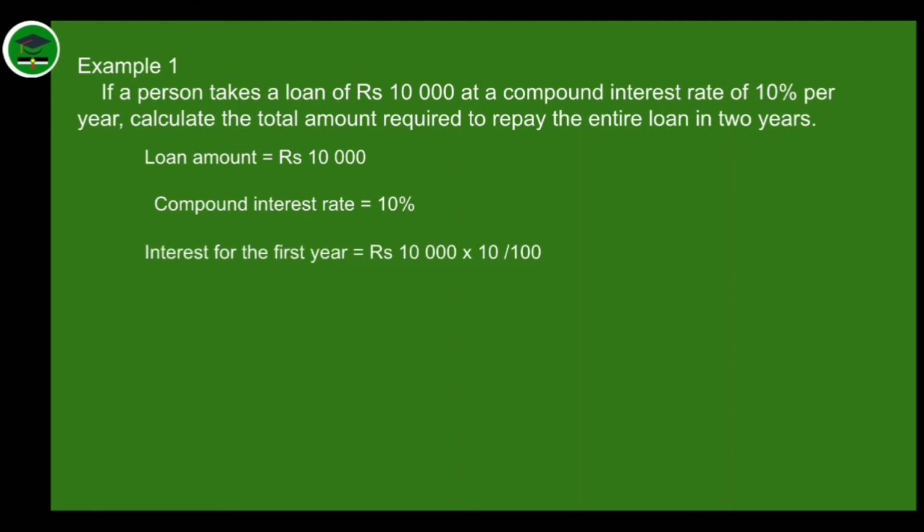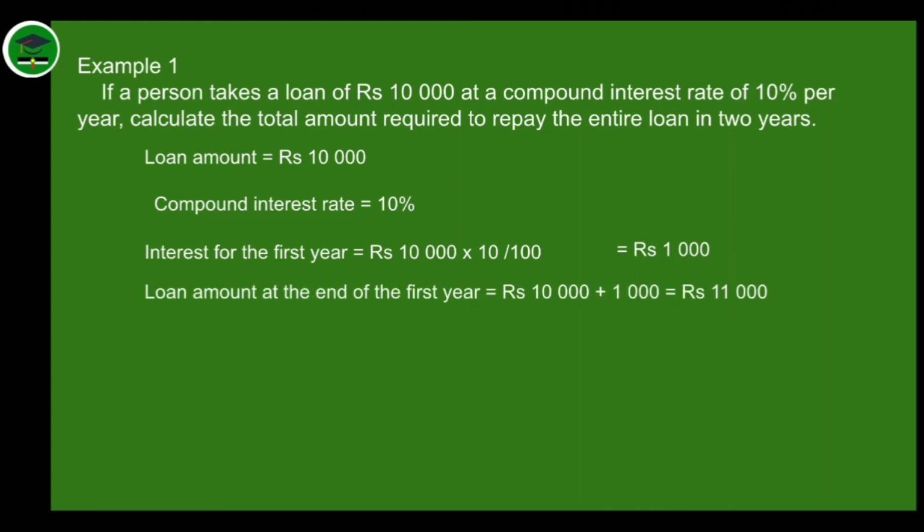So you have to multiply 10,000 into 10%, that is 10 by 100. So you can take the interest for the first year as 1,000 rupees. Now, loan amount at the end of the first year is 10,000 plus this interest 1,000, that is 11,000.